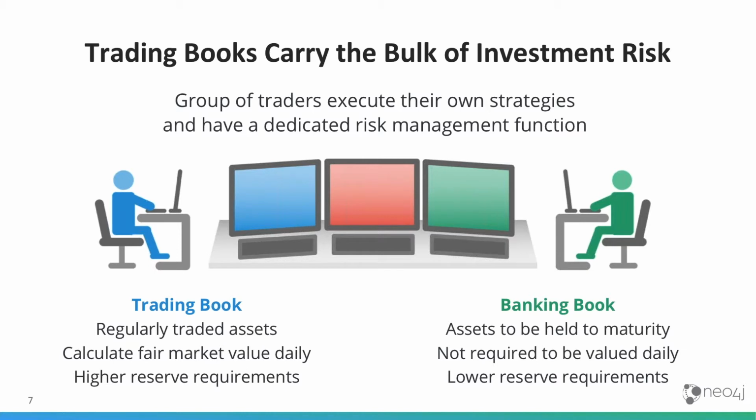So this could be things like corporate loans, which don't generally turn over very quickly. A trading book would be things that are options or stocks and derivatives and things like that, which banks keep trading very frequently. So the reserve ratio in the trading book and banking book are fairly different.